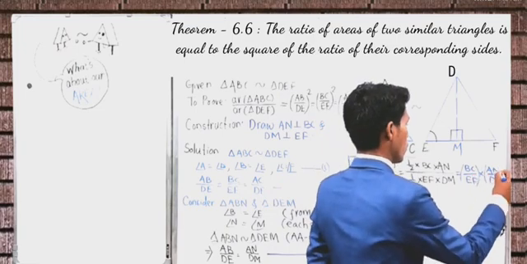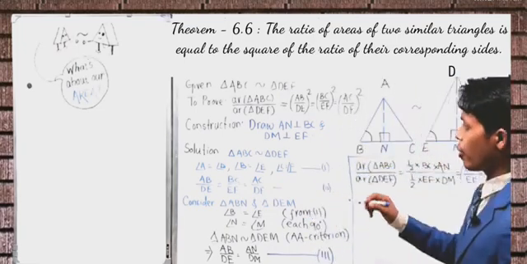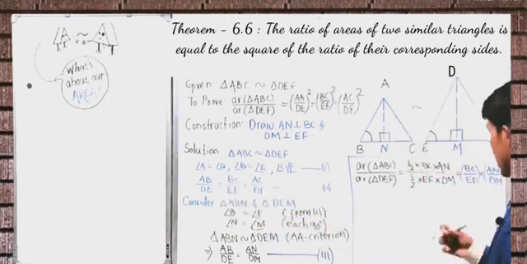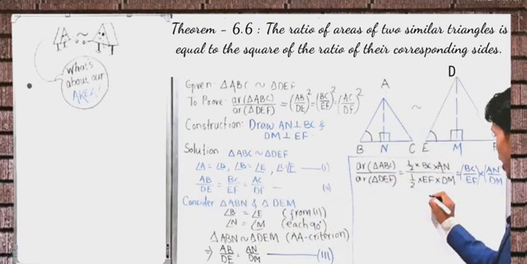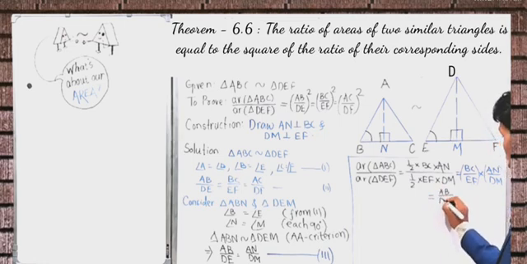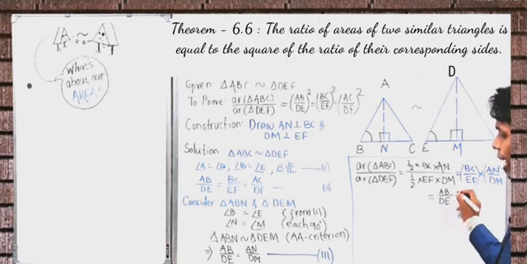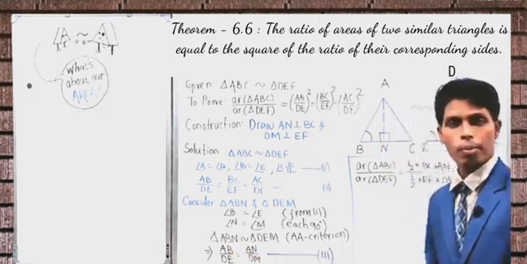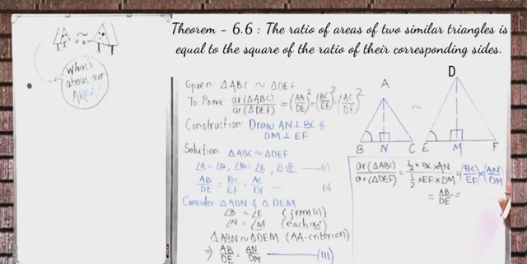Now see, here we have got BC upon EF is equal to AB upon DE. So in place of BC upon EF, we will write AB upon DE. And similarly in point number 3 we have got AN upon DM is also equal to AB upon DE. So in place of AN upon DM we can write AB upon DE.